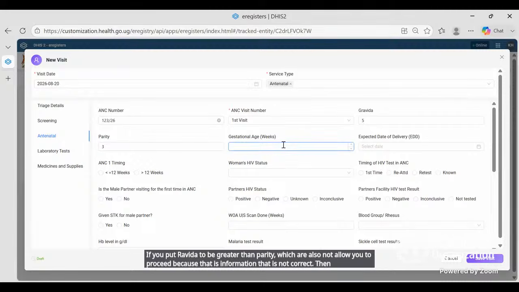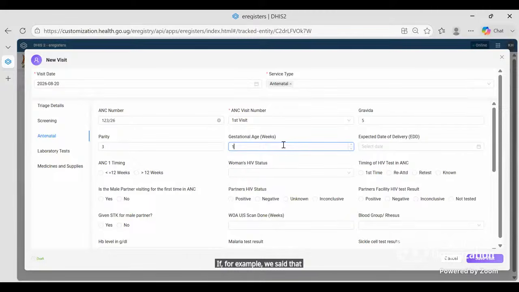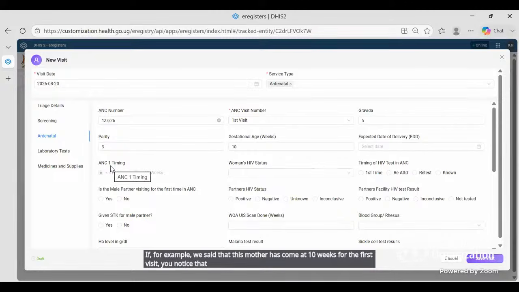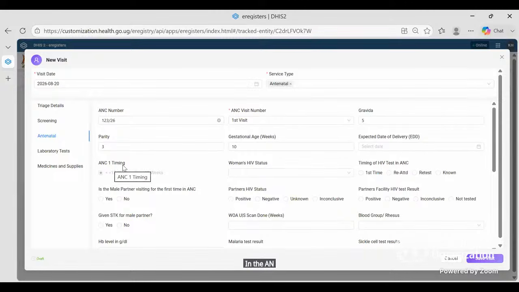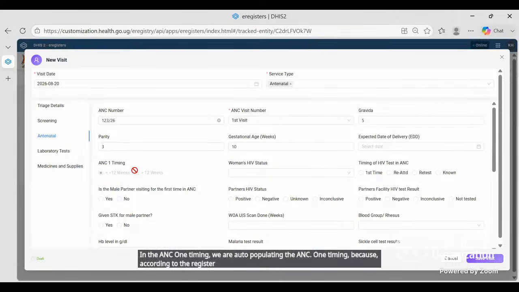Then the gestation age in weeks. If, for example, we say that this mother has come at 10 weeks for the first visit, you notice that here in the ANC1 timing, we are auto-populating the ANC1 timing because according to the register, you either get your first visit at or below 12 weeks, or above 12 weeks.